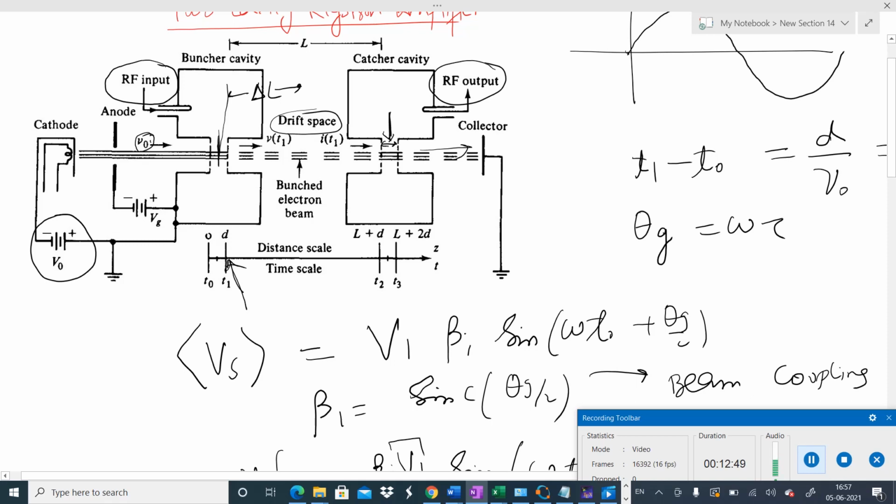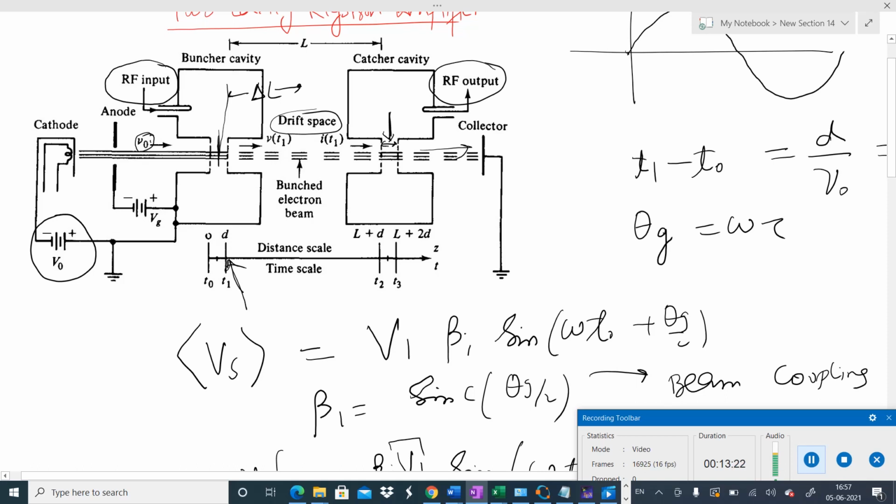The frequency and oscillations of a cavity depend upon its dimensions, so we can design the cavity, especially the gap, in such a way that at the midpoint the electrons face retardation. The field is developed such that the electrons are retarded. What happens when electrons are retarded?